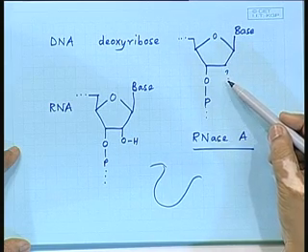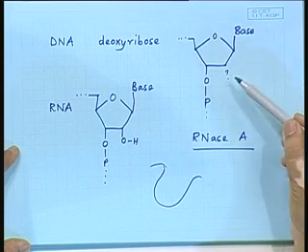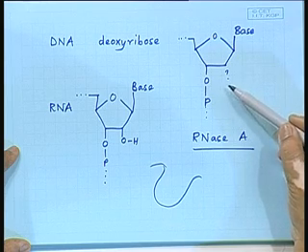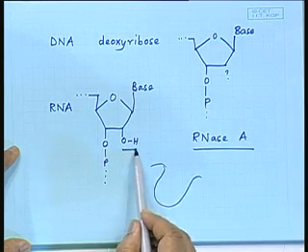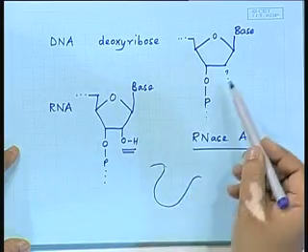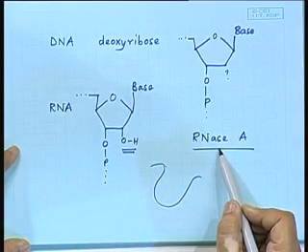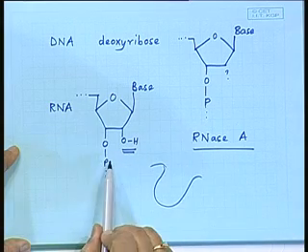Why? Because it cannot form the cyclized phosphate intermediate, just because of the absence of this OH. So, you see how extremely specific this particular protein is in cleaving just RNA.